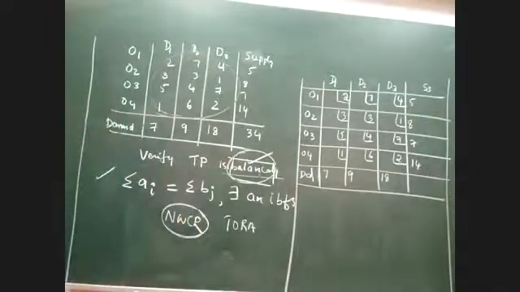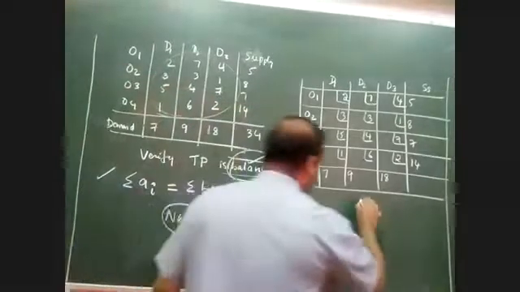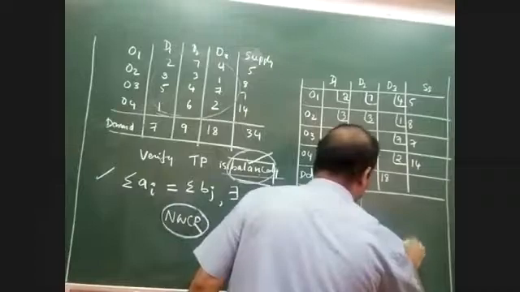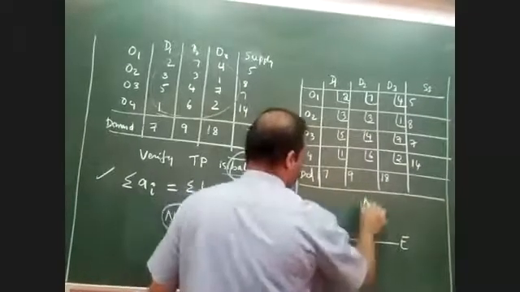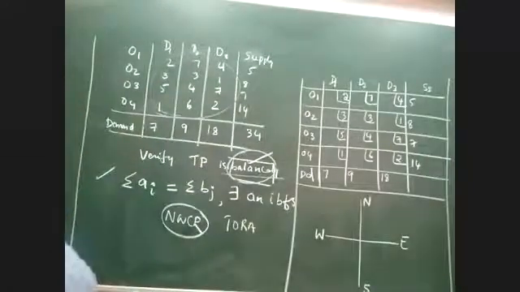Now let me ask you a simple general knowledge question. We all know that basically there are 4 directions: east, west, north, and south. There are 4 more directions. Which are the 4 more directions along with this, which are commonly used?